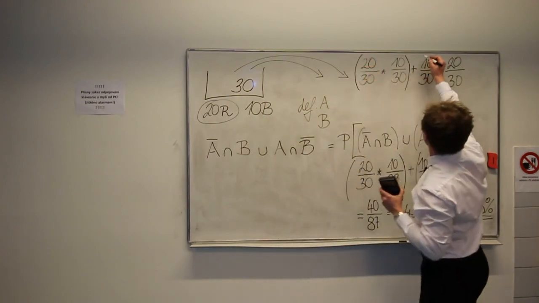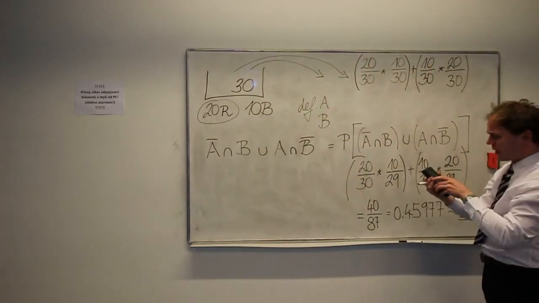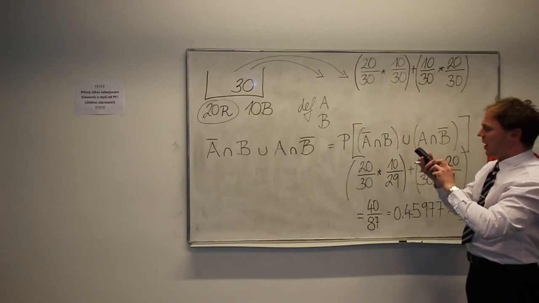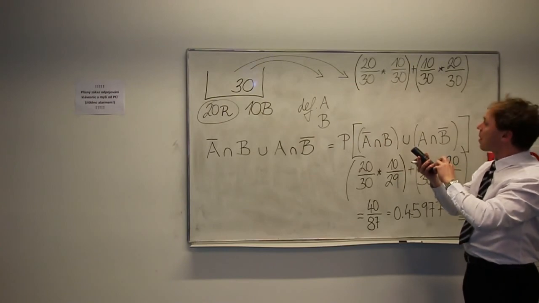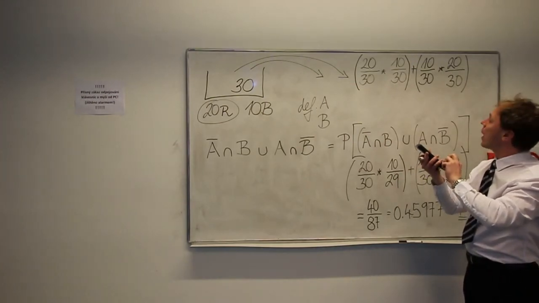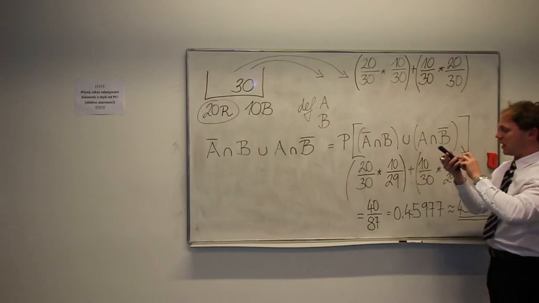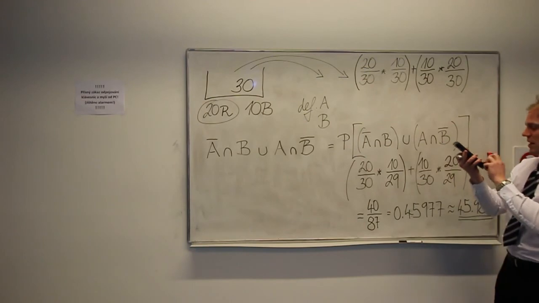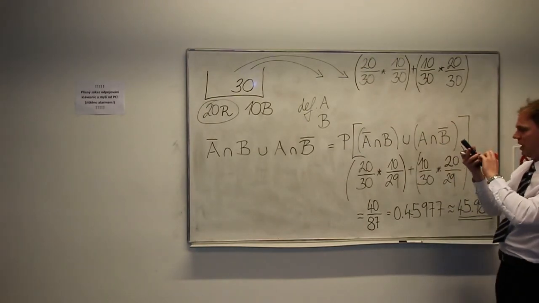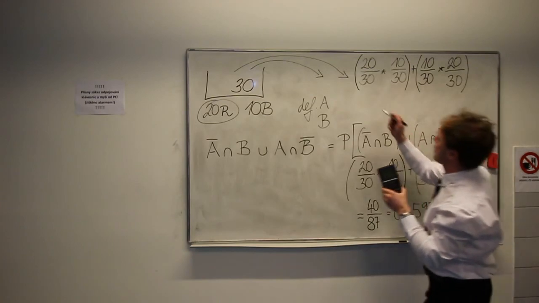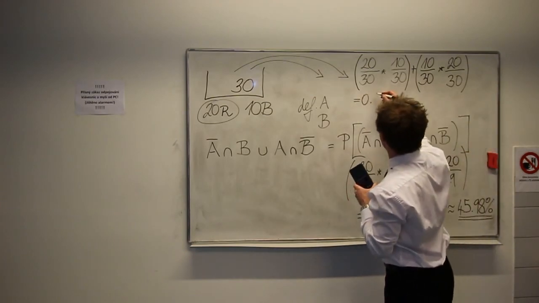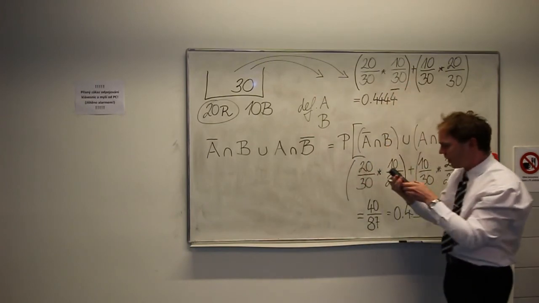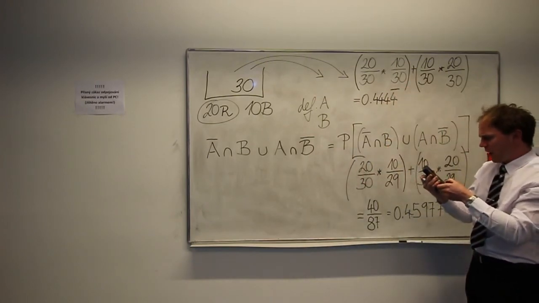Multiplication has bigger priority than summation, and I can write it here: 20 divided by 30 times 10 divided by 30, plus 10 divided by 30 and 20 divided by 30. The result is 0.4444 periodical.